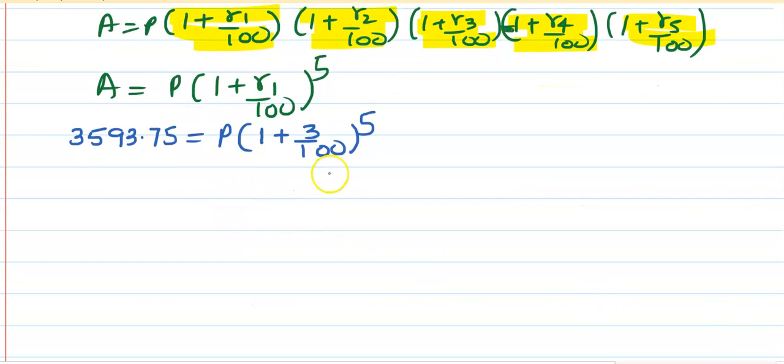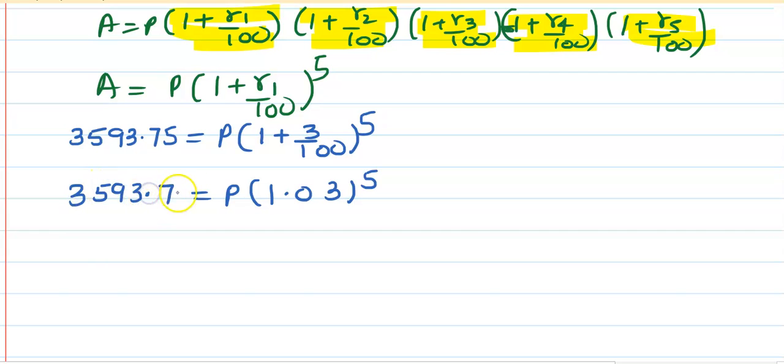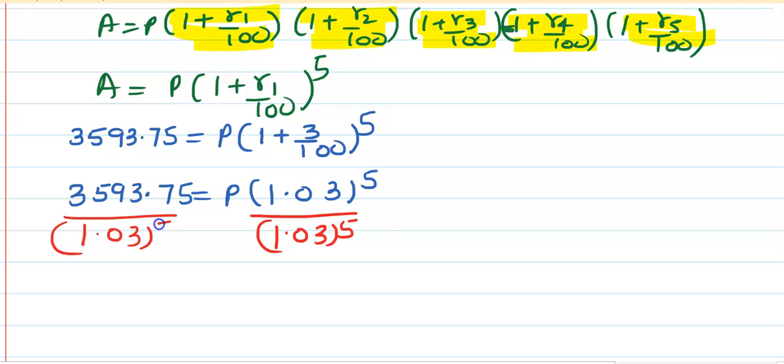Now 3 over 100 is 0.03. If you add it to 1, it will be 1.03, so it will be P times 1.03 to the power 5, and this will be 3593.75. So divide by 1.03 to the power 5 both sides. So 1.03 to the power 5, 1.03 to the power 5, this will be cancelled.